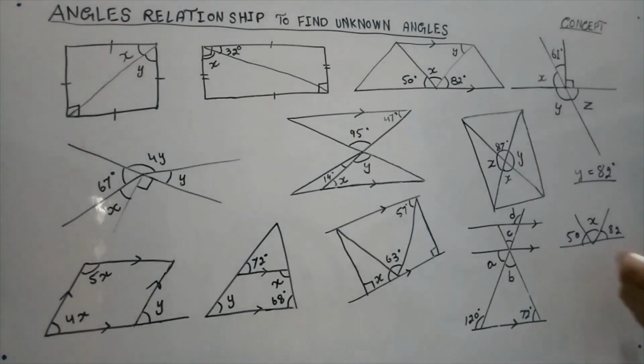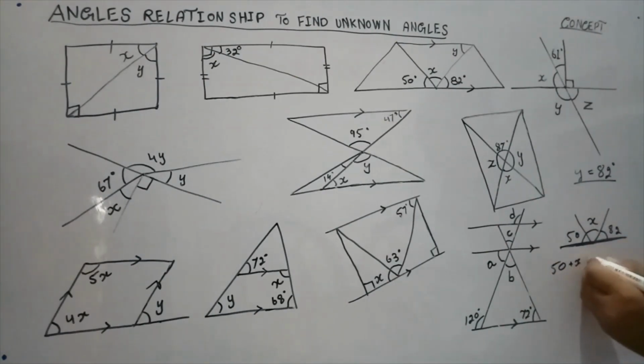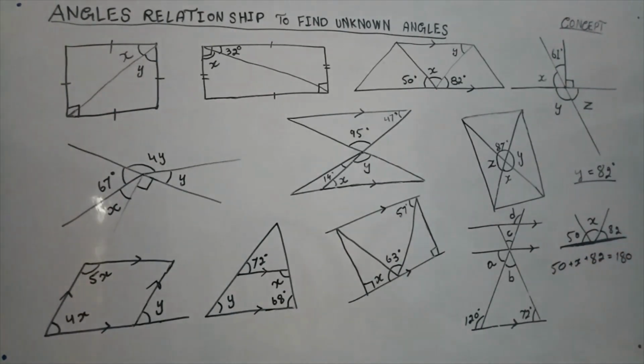This is a straight line, and we know that the sum of the angles on a straight line will be equal to 180 degrees. So if we add 50, x, and 82, the sum will be equal to 180 degrees.